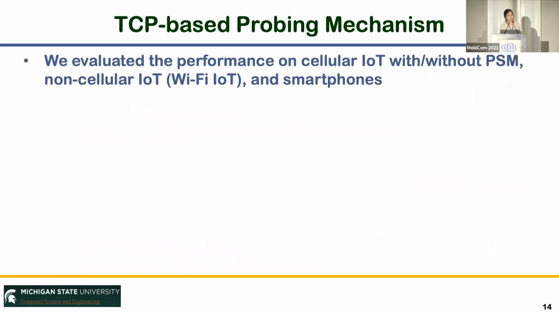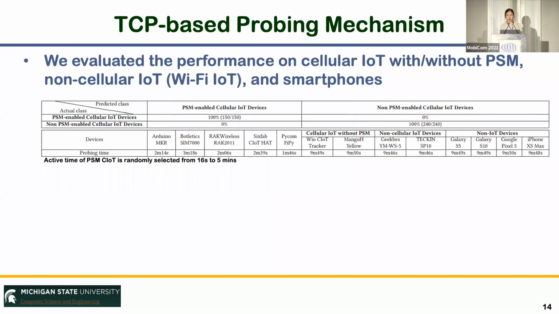We validated the effectiveness of our probing mechanism by examining whether it can successfully identify the IP addresses used by those PSM-enabled cellular IoT devices. Here, we conduct the experiment using 13 test devices in our campus network. It includes 7 cellular IoT devices, 2 Wi-Fi IoT devices, and 4 smartphones.